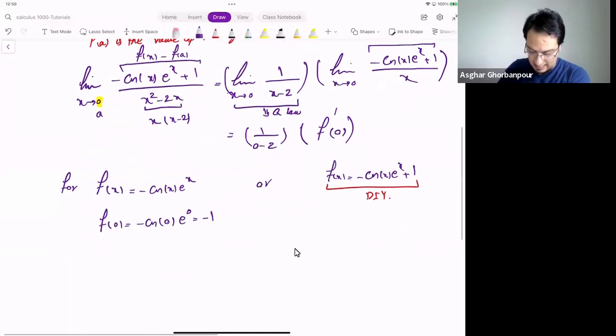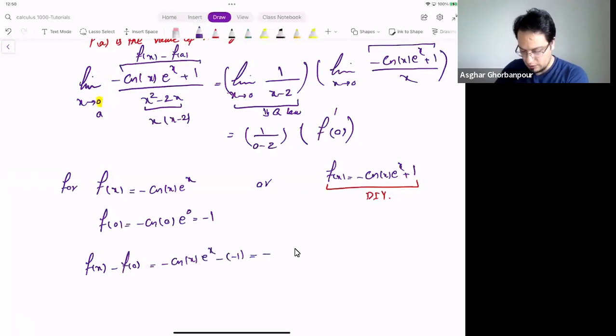And then we see that f at x minus f at 0 is nothing but minus cosine x e to the power x minus negative 1, which is minus cosine x e to the power x plus 1, over x minus 0.